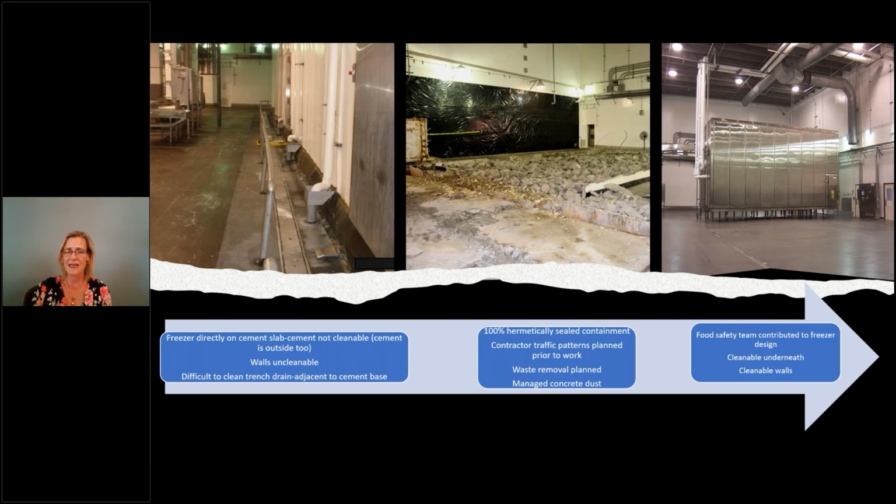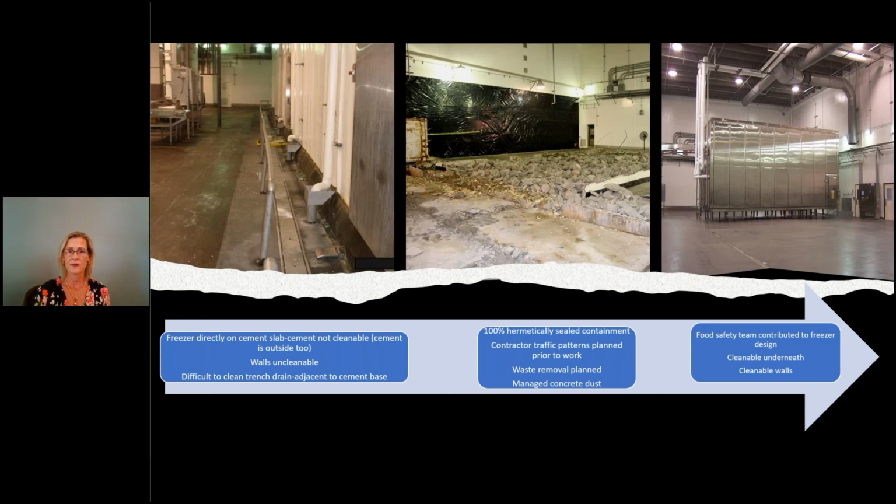So in this process, even though there was not necessarily something being brought into the plant per se, it was a process where there was a high degree of movement in and out of the plant. There was a high degree of movement of known contaminants throughout the plant, and there was a high degree of movement of many people.